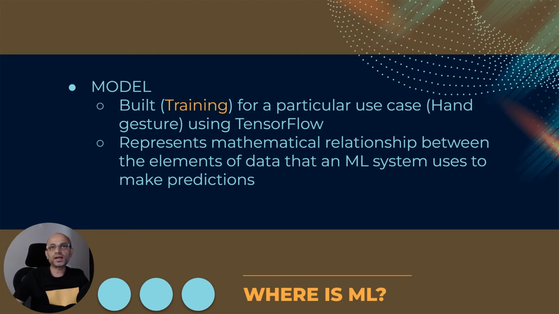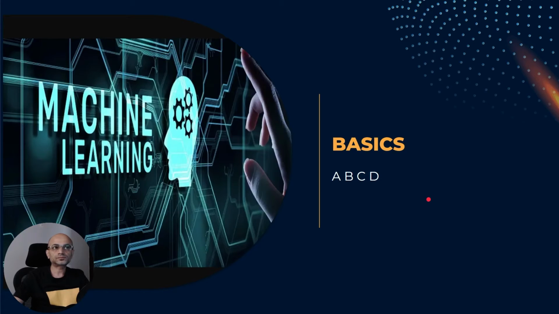So as part of the training, the model somehow represents that knowledge given as part of the data to the training phase. So it is using that information to predict whenever new information is given to the system. So let's look at the basics.